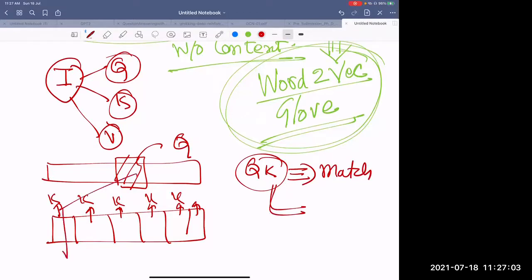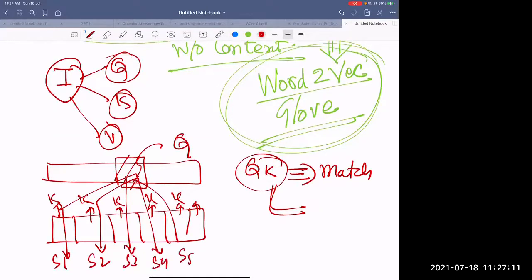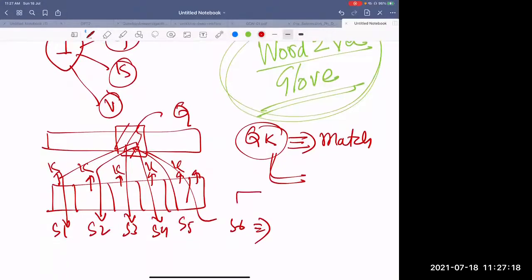So here this will be S1, here S2, here S3, here S4, here S5, here S6. These are the scores. What are these scores, by the way? If I give you two vectors, you just do the dot product and cos theta is going to come, and that is actually the score. So if this score is high, they are related. If that score is low, they are not related.